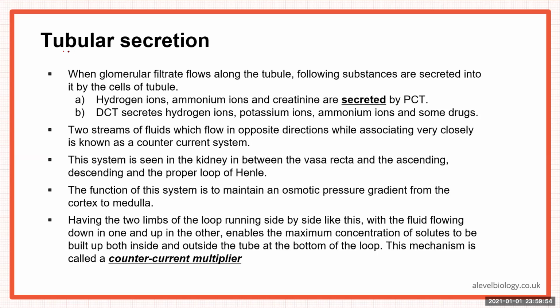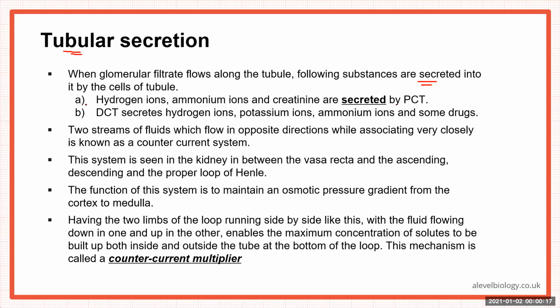Lastly, let's talk about tubular secretion. As the glomerular filtrate flows along the tubule, the following substances are secreted by the cells of the tubule, right? We have just discussed what is being reabsorbed, but there are a few things which are secreted as well. So what is being secreted from the proximal convoluted tubule?